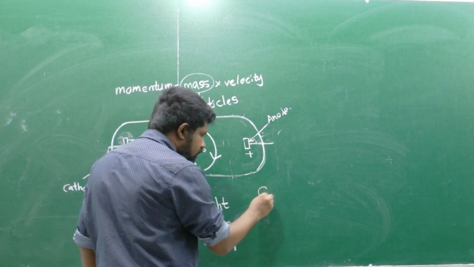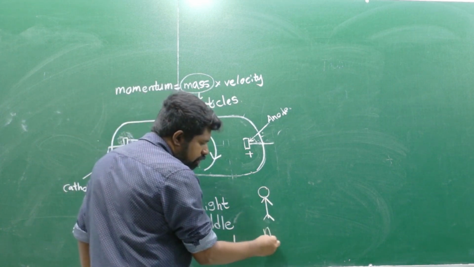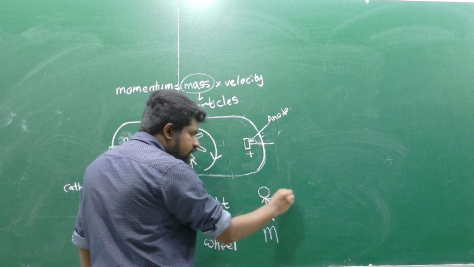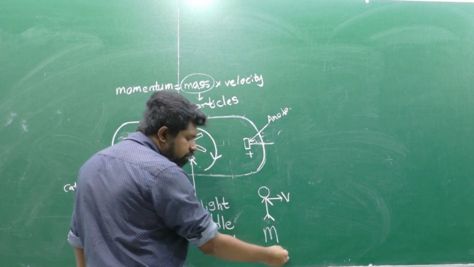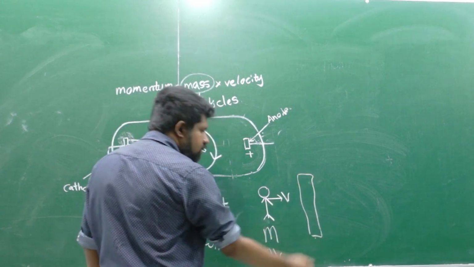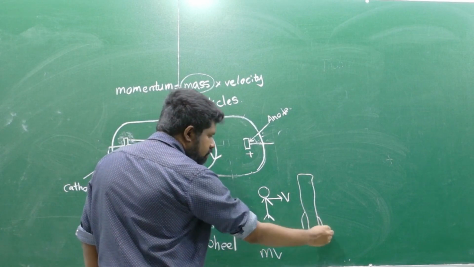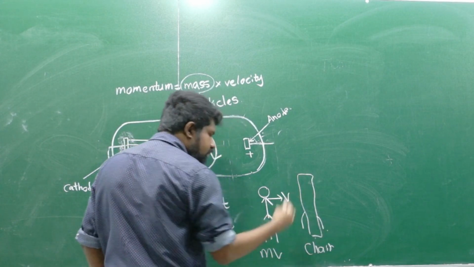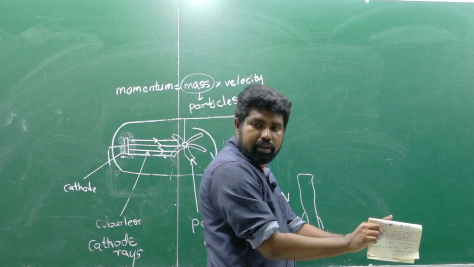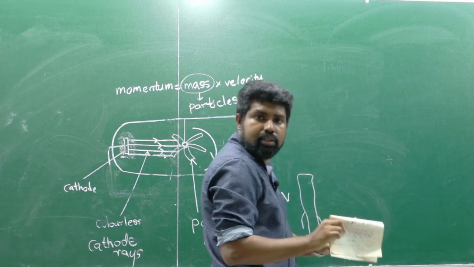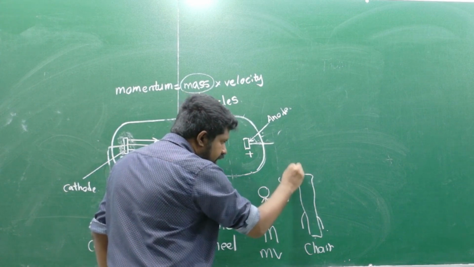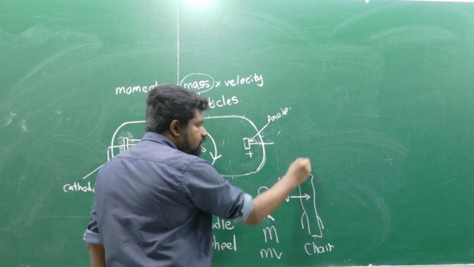Let's see ourselves. We have a mass, so we are made up of particles. When we travel at a certain speed, we have the momentum mv. If there is some plastic chair and we move with some velocity and collide with that chair, the chair moves this way, because we are doing work and giving some energy.